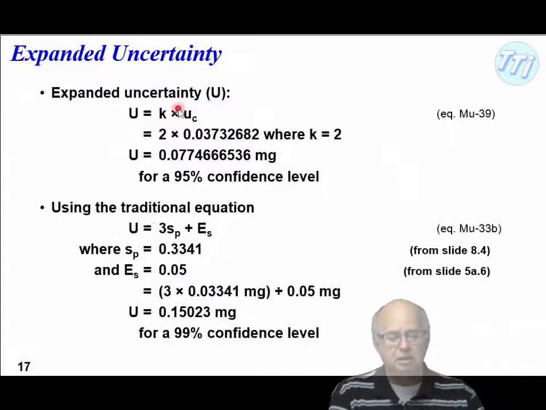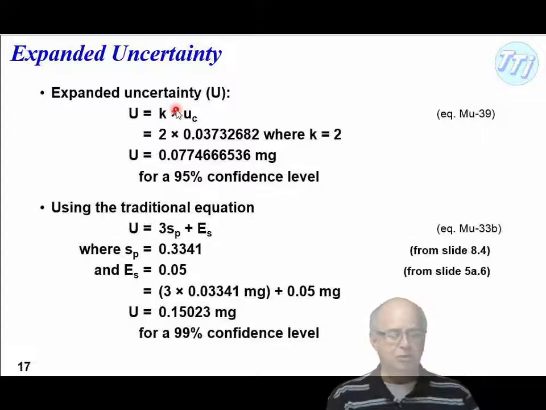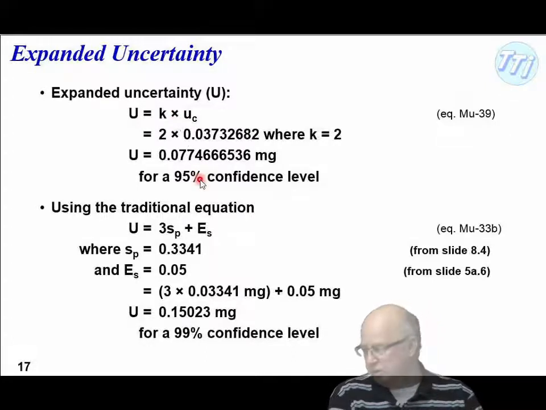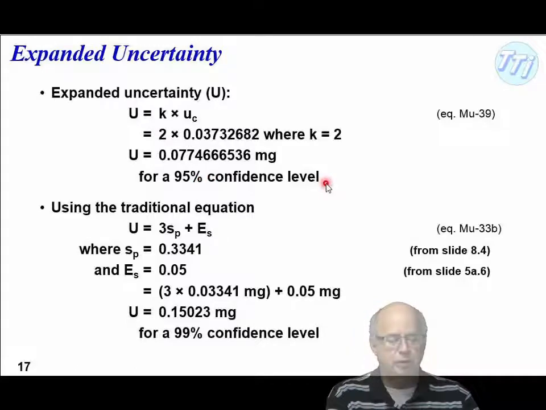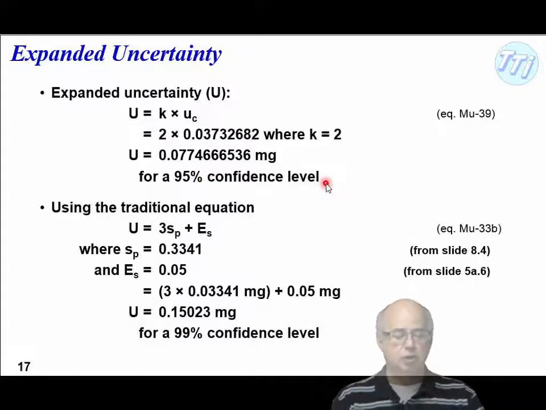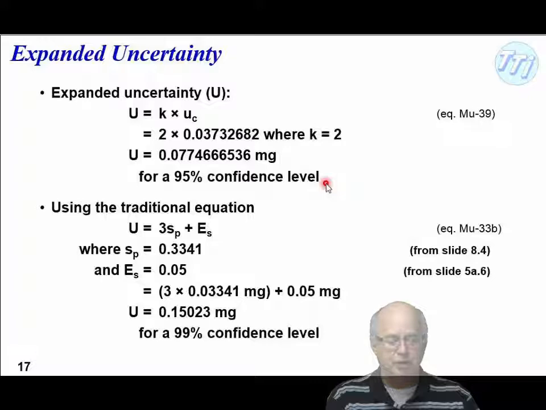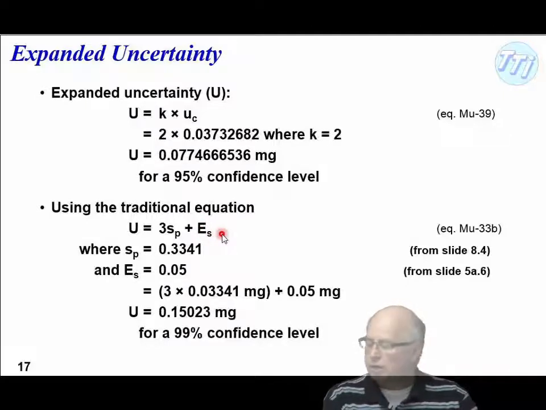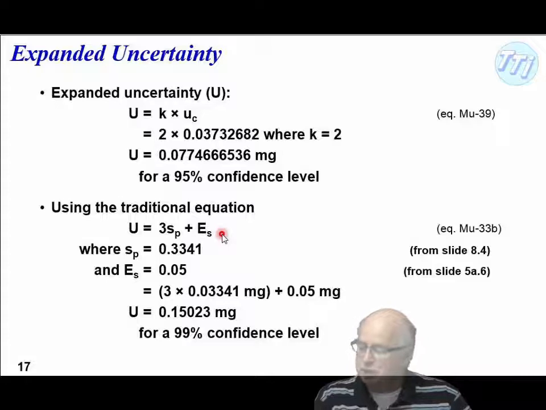Let us expand it by using a k-factor. I've chosen a k-factor of 2 representing 95% confidence. I know that it's 1.96, but we use 2 as our coverage or k-factor. Multiply by 2, and using the traditional expansion equation rather than the latest versions, we now add in this bias, this consistent error, which we calculated in a previous chapter.